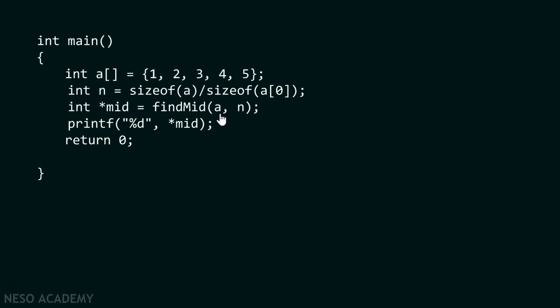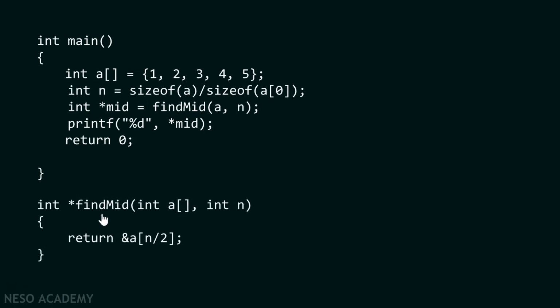And if we want to pass an integer variable, then we just have to write the name of that variable. So the address which is returned by this function will get stored in this mid pointer. Finally, with the help of printf function, we can print the content stored in that particular location pointed to by this pointer. Let's see how the findMid function works.